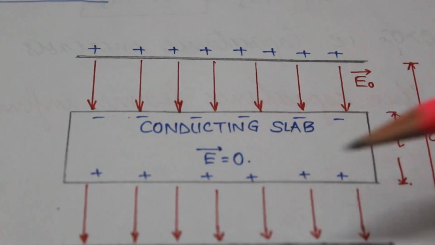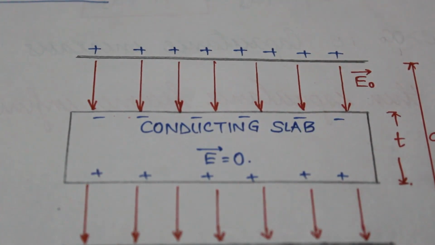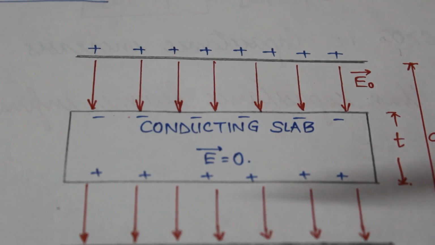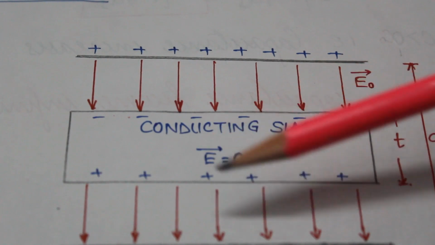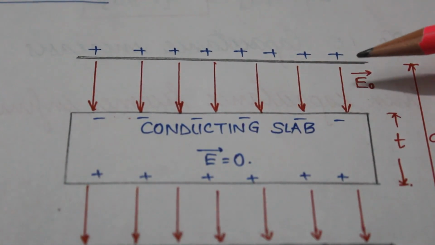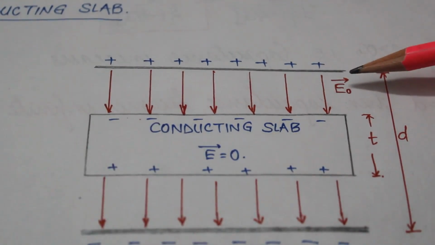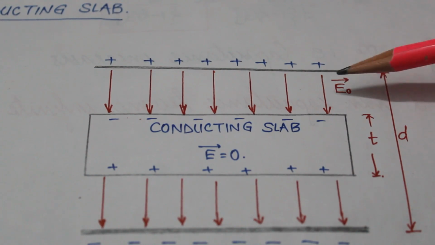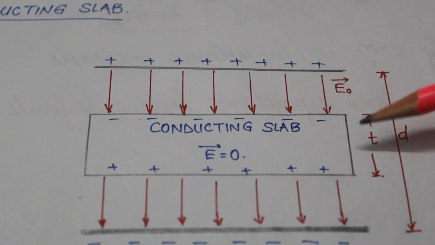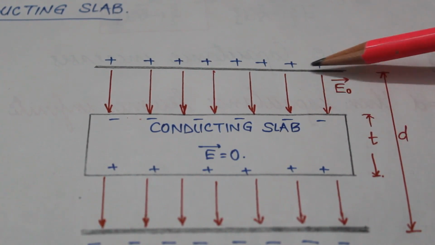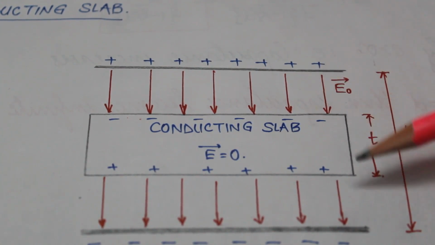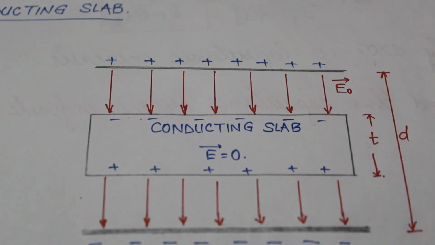Since it is a conductor, we have already discussed in the electrostatics of conductors in the earlier lectures that the electric field inside a conductor is always zero. So you can see from the diagram that E0 is only in the distance d minus t. It will remain only inside d minus t; inside t there is no electric field.